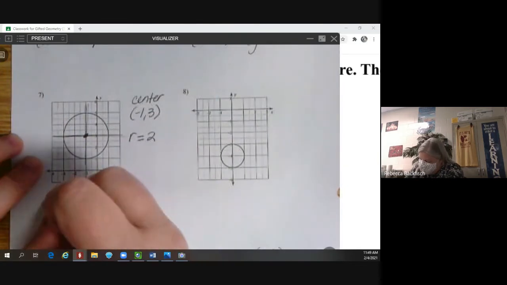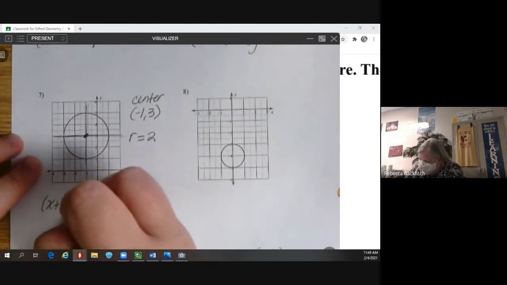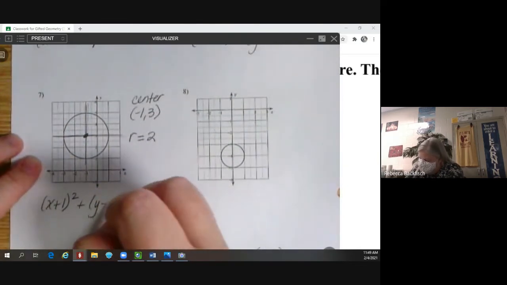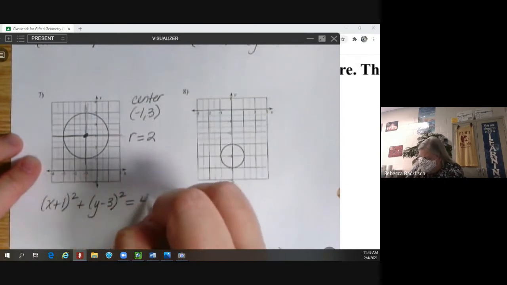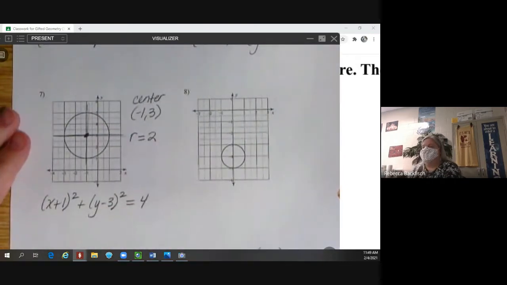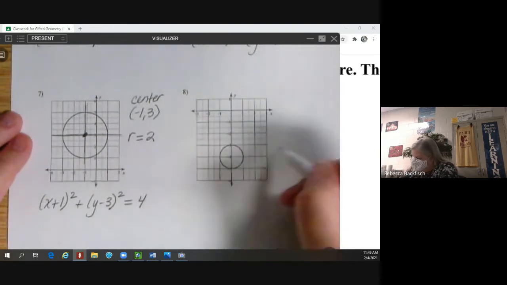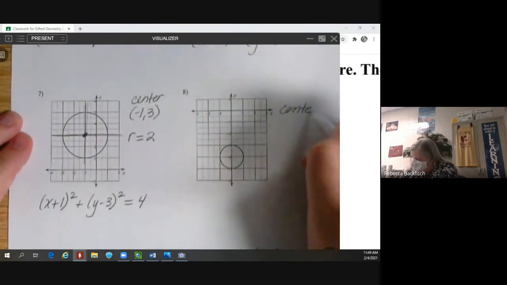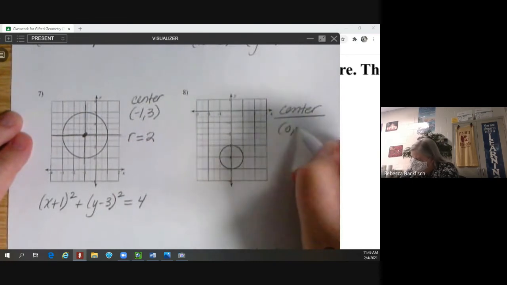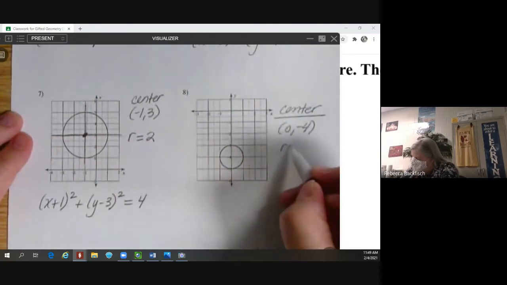Okay, so this would be x plus 1 quantity squared plus y minus 3 quantity squared equals 4. You good there? Next up, we have the center at 0, -4. The radius is 1.